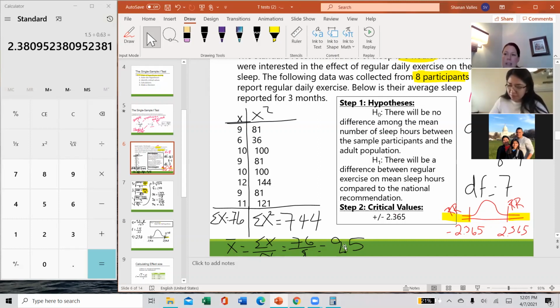And since we rejected the null hypothesis, we can say that this 9.5 is statistically higher than the average of 8 hours. So we can say that the regular exercise significantly increased the number of hours that these participants slept, okay?